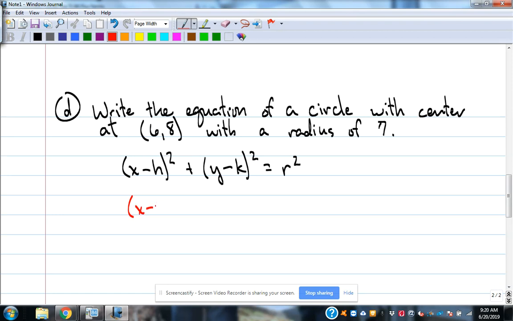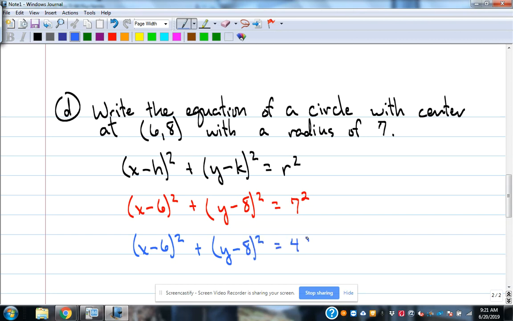So the x minus 6 squared, and then y minus 8 squared, and then it tells us that the radius is 7, so we're going to put 7 squared there. But we know 7 squared works out to a number, right? We can square 7. 7 times 7 is 49. So the final answer would be x minus 6 squared plus y minus 8 squared equals 49. That would be the final answer for that one.